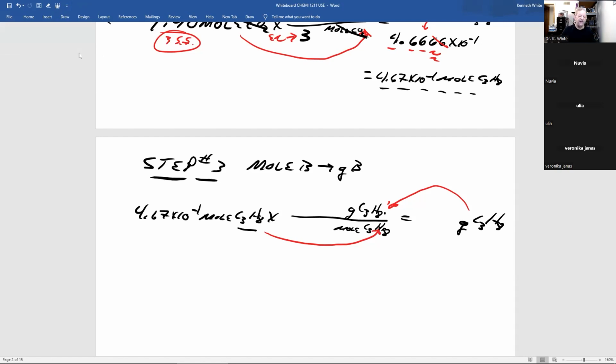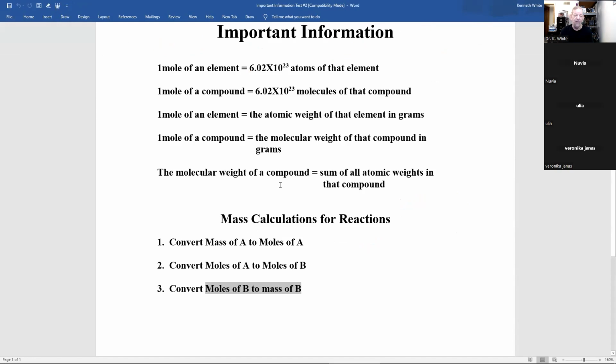And where do I find a relationship between grams of a compound and moles of a compound? Well, in case you forgot, let's peek at important information, test 2. The 1 mole of a compound equals the molecular weight of that compound, and the molecular weight of that compound is the sum of all atomic weights.